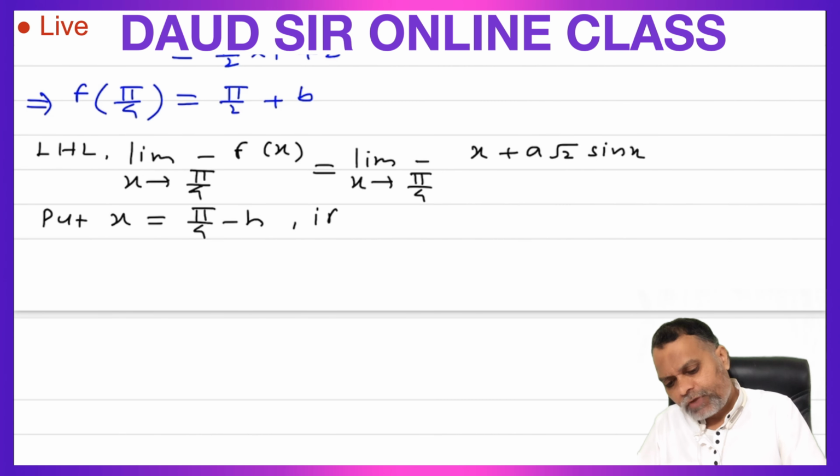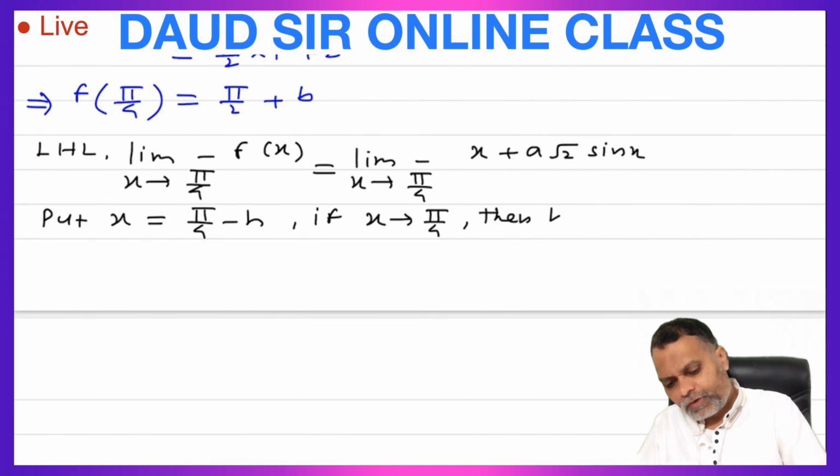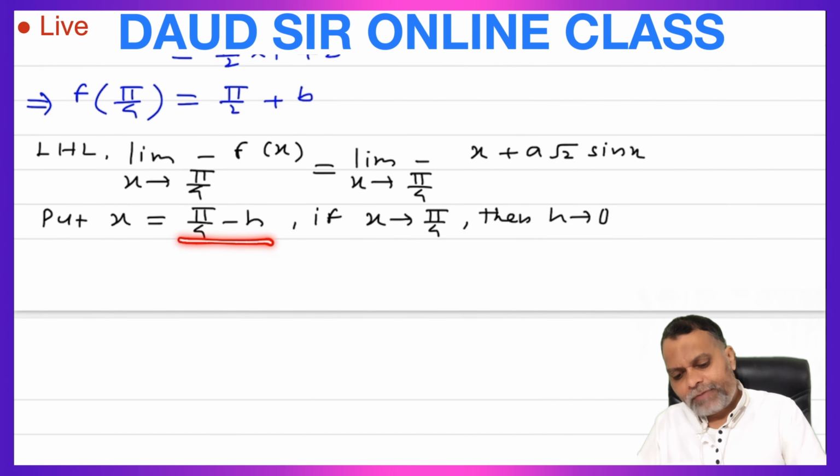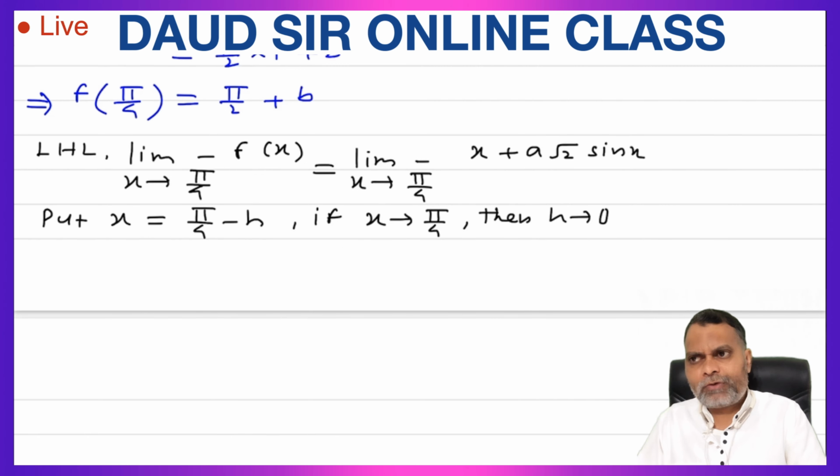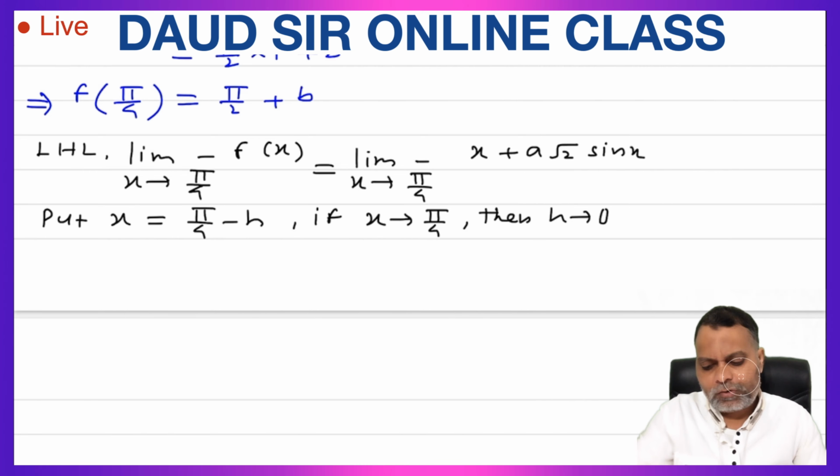Change tends to: if x tends to pi by 4, then h tends to 0. How is it 0? Put this pi by 4 minus h here, pi by 4 minus h tends to pi by 4, pi by 4 gets cancelled, minus h tends to 0, that is h tends to 0.